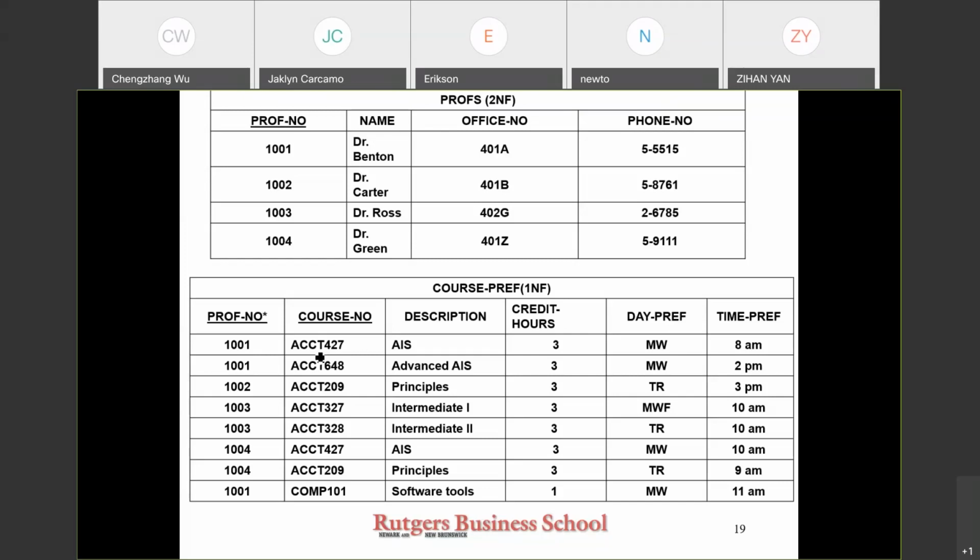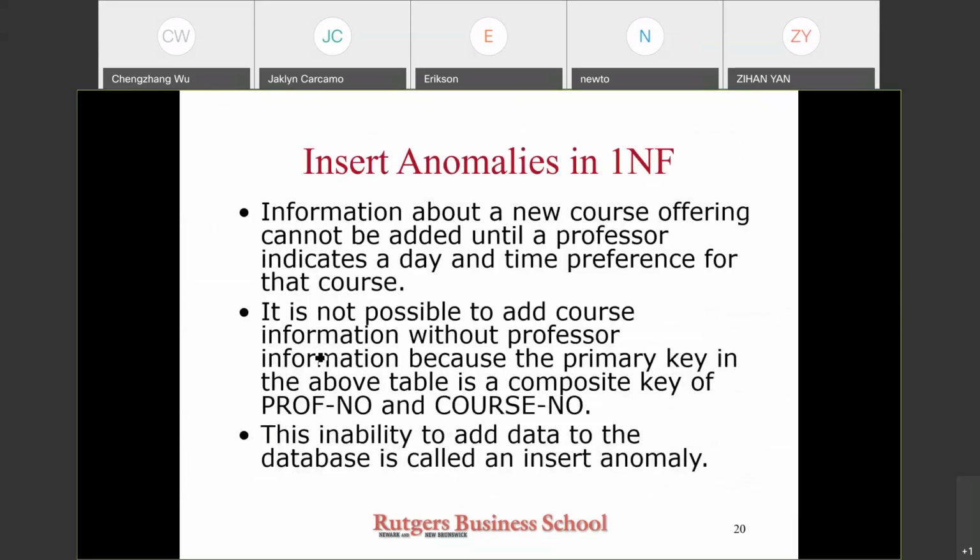But please remember, in the first normal form table, all the non-key attributes should depend on the primary key. So let's take a look at the data anomalies in first normal form. First, let's look at insert anomalies.